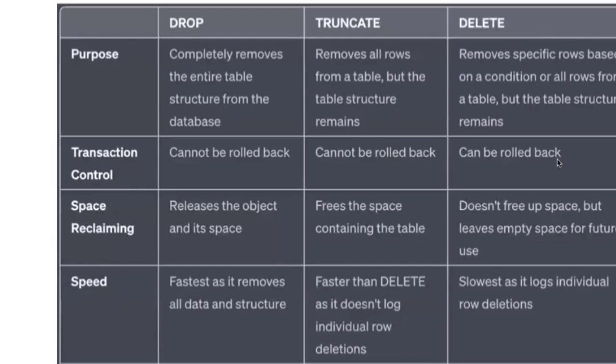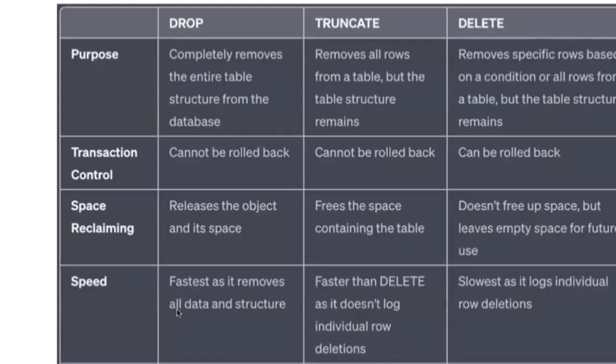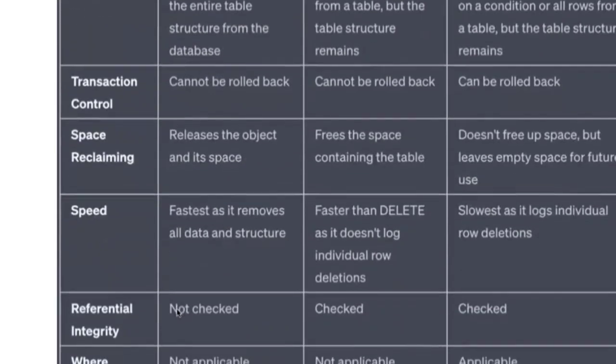That means when you run the delete query, it has some extra overhead of maintaining the logs. That is the reason the delete operation is the slowest one. Truncate is a bit faster than delete, and drop is much faster because it is removing all the data.